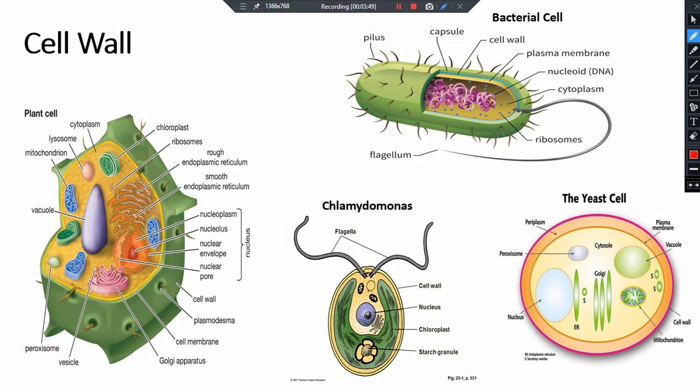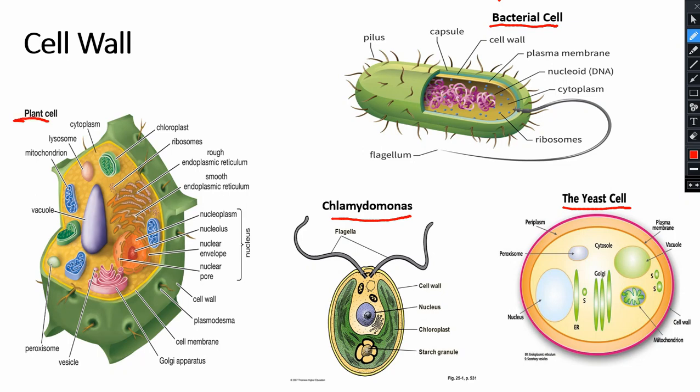First of all we said that the cell wall is present in plants, fungi and bacteria and some protists. So these are the cells of those organisms. Here is a bacterial cell, here is the fungi cell, here is the protist cell, and here is a plant cell.